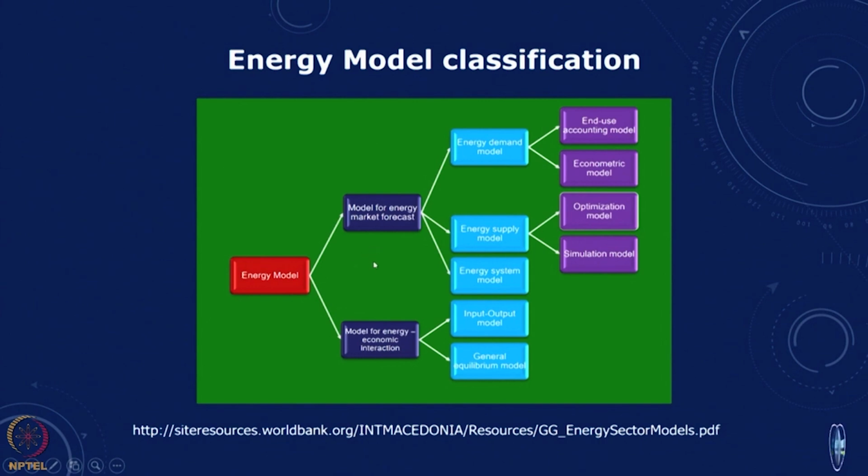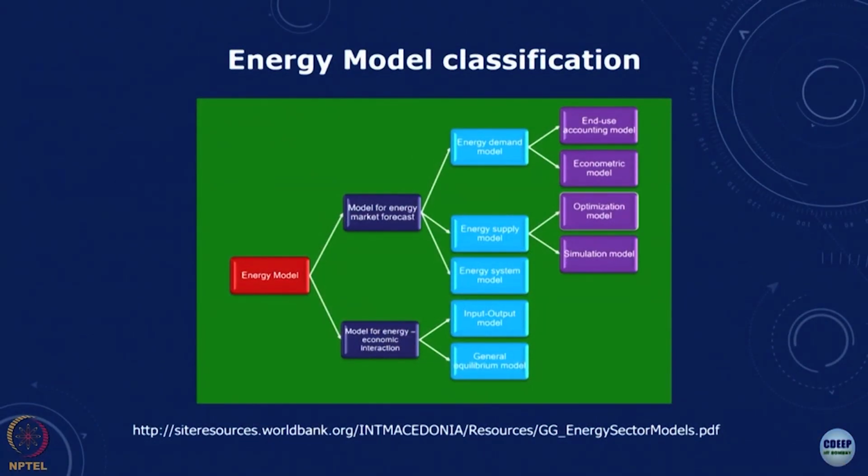So then there are different kinds of models which are available in literature, and there could be models by which we are looking at the energy economic interactions, and these typically could be classified. The simplest kind of model is the input-output model, which is what we will study. There are also optimization models and simulation models.